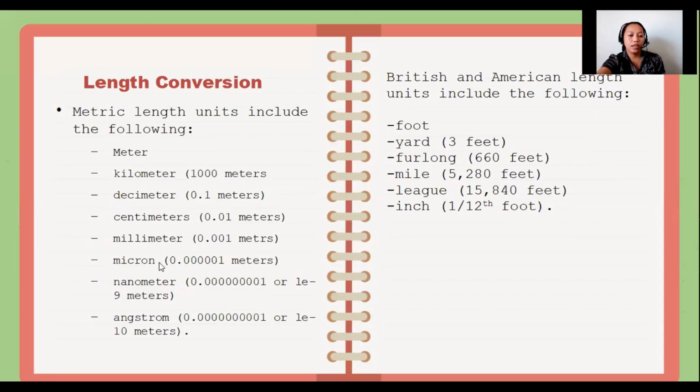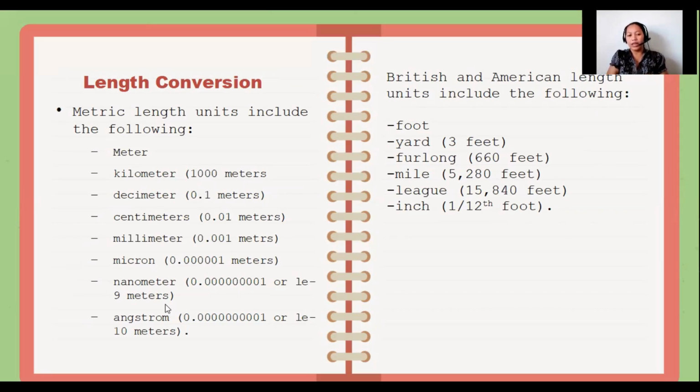So if you notice here, if you're going to move these 6 decimal places, 1, 2, 3, 4, 5, 6 to the right, so it will give you 1 micron is equivalent to 0.000001 meters. And nanometer is 1 times 10 raised to the 9th power.